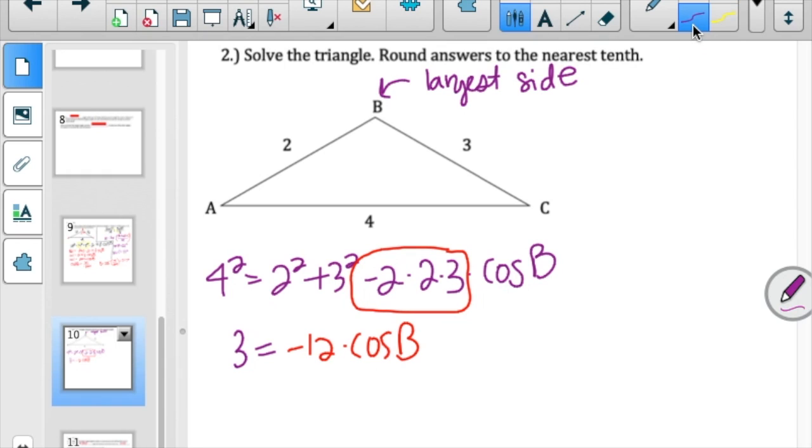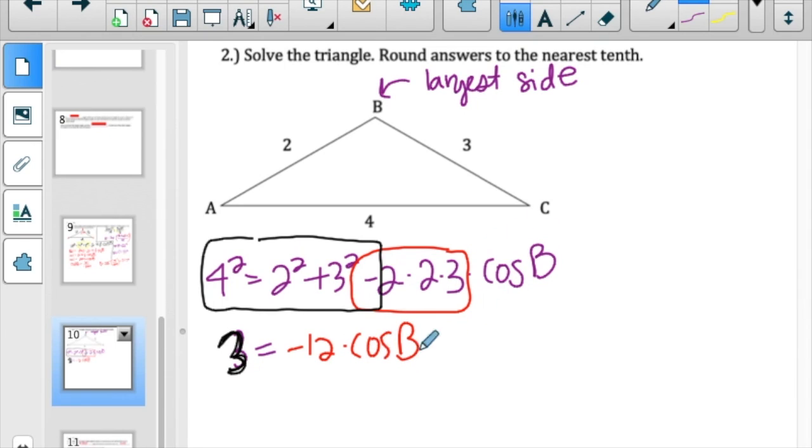And again, this chunk right here, I simplified that to get my 3 here. Okay? And then I have still that cosine of B. So now to get B by itself, I need to divide the negative 12 over. So cosine of B, or B equals, can we jump to that?